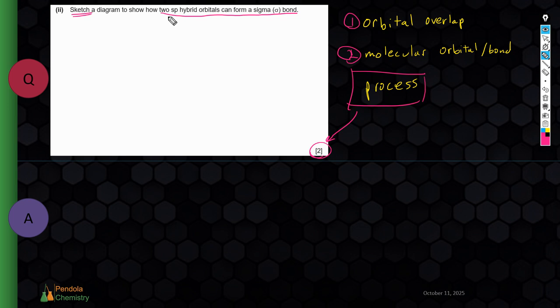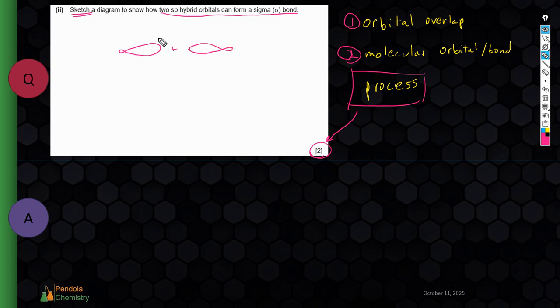So here we're told that we have 2 sp hybrid orbitals. Which type of hybrid orbital it is doesn't really matter because they all look the same. We have our big lobe with a little tiny one. And if they're going to overlap, we're going to have another hybrid orbital, which we'll just draw pointing in the opposite direction. I'm trying to draw it just as big.